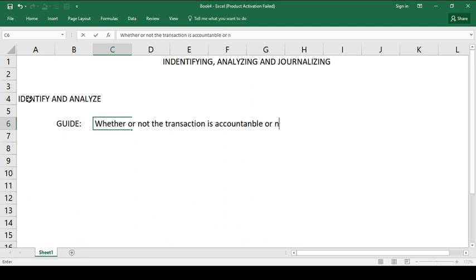Okay? That is the only guide question that we need to answer. Whether or not the transaction is accountable or not.